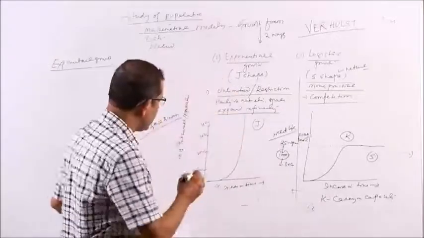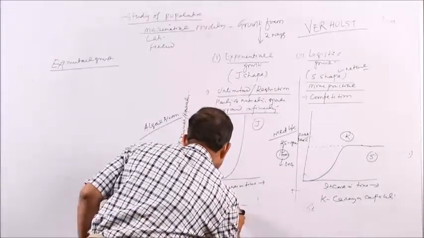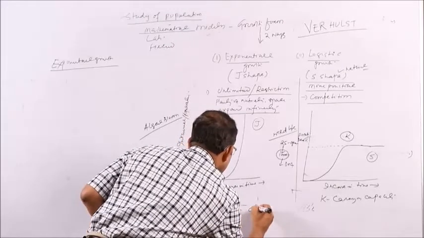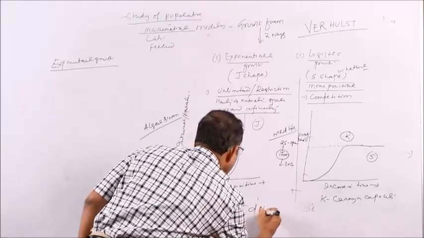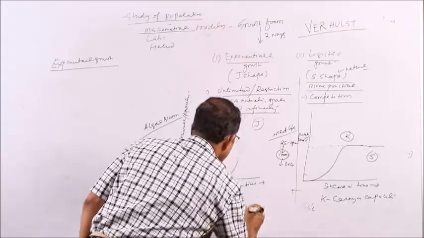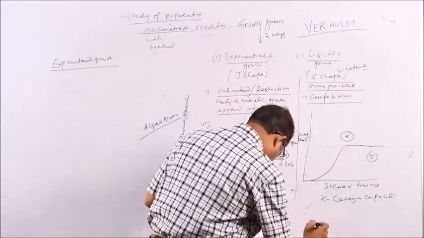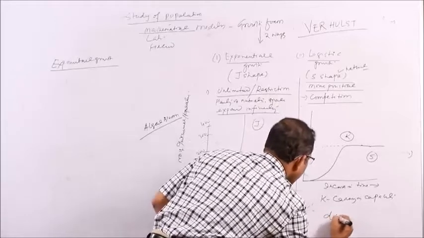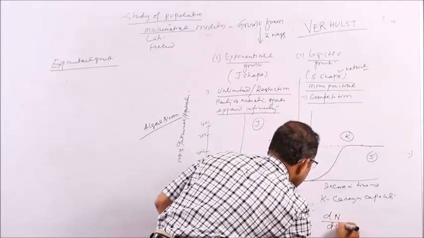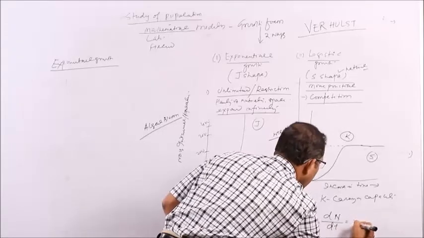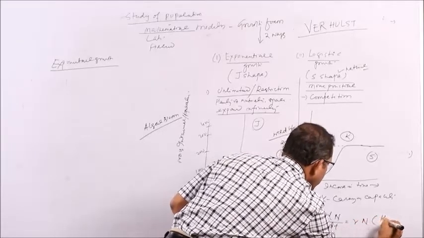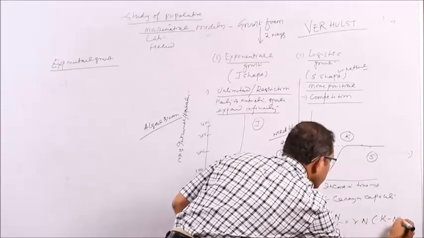This is very easy. The equation is rN equal to dN by dt, the density of population you can find from this, but here the formula is dN by dt is equal to rN (K minus N) by K.